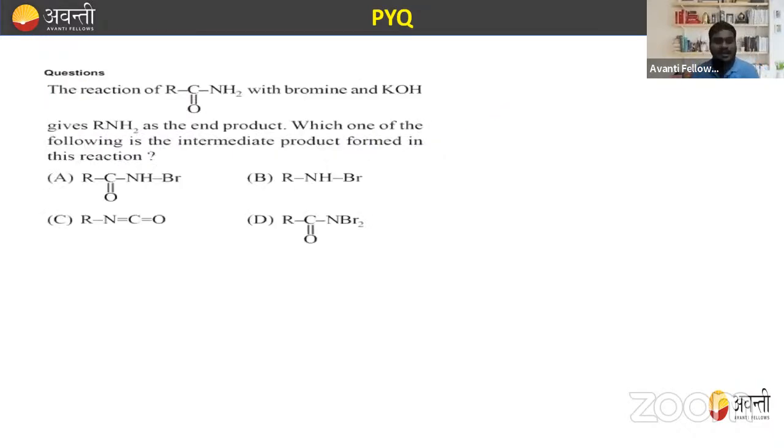Okay. In this question, the reaction of RCONH2 with bromine and KOH. Again, this is the Hofmann bromamide degradation reaction, right? RCONH2 is treated with Br2 and KOH, and it gives RNH2. This is already given in the question as the end product.